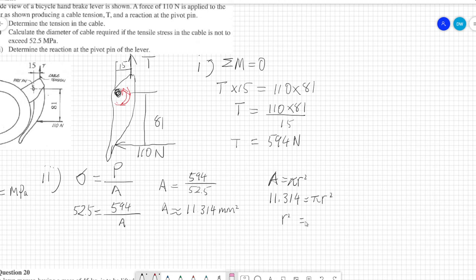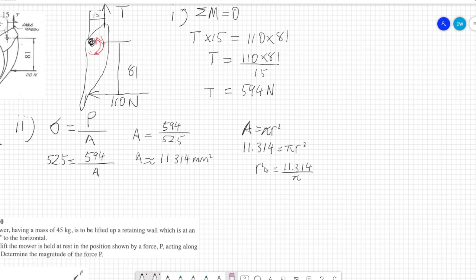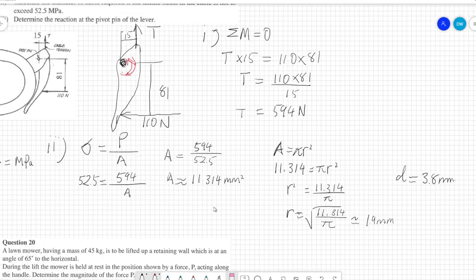So r squared equals 11.314 over pi, and r should be approximately the square root of that. That's approximately 1.9 millimeters, which means the diameter will be double that, which is 3.8 millimeters. So that's the diameter.